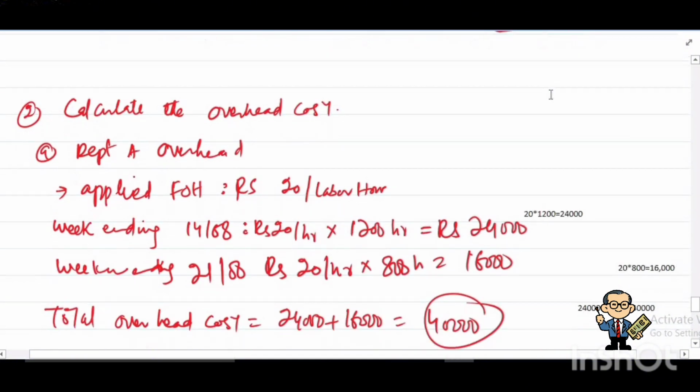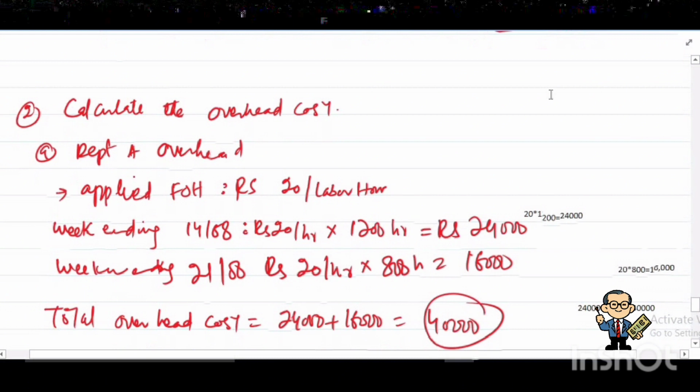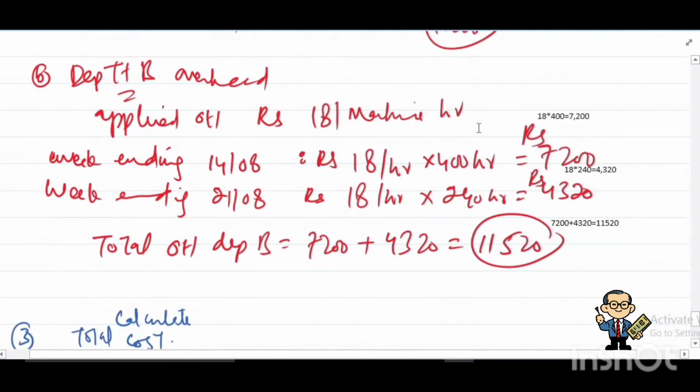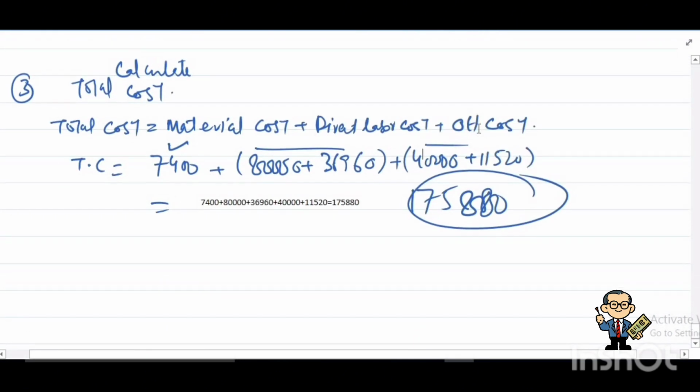Okay, now in the question, if you see, the marketing and administrative costs are charged to each order at the rate of 20% of the cost to manufacture. So we have to now work on that.